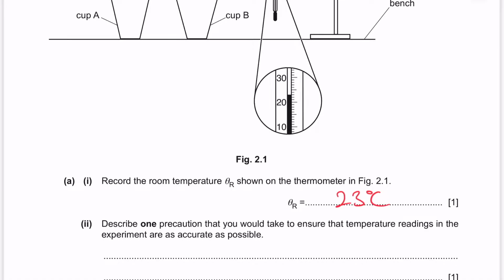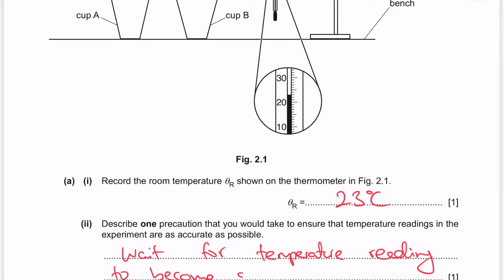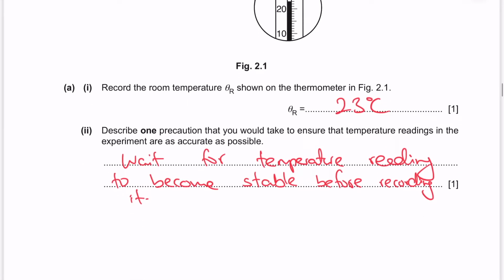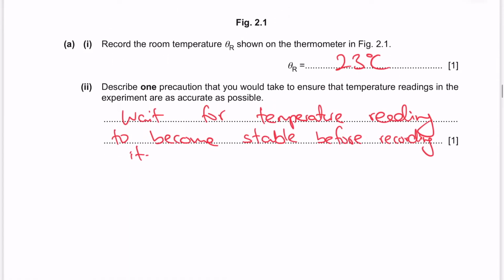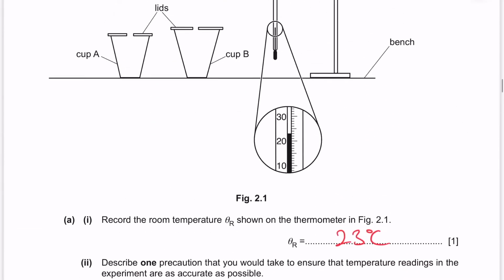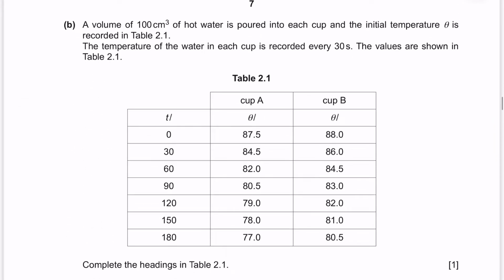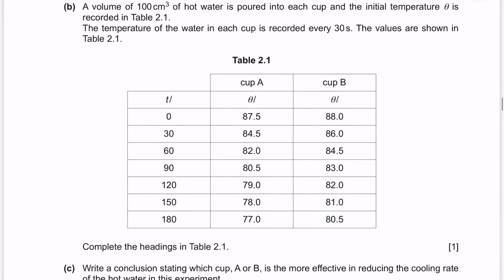So what I will write is: wait for the temperature reading to become stable before recording it. That is a precaution. Other precautions for experiments like these may be to make sure the solution is uniform in terms of temperature distribution. So you have to stir before taking a reading, etc.